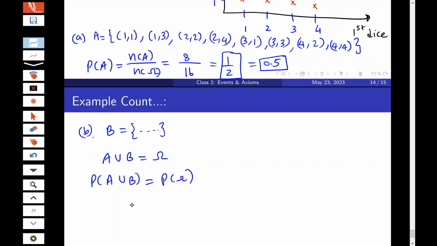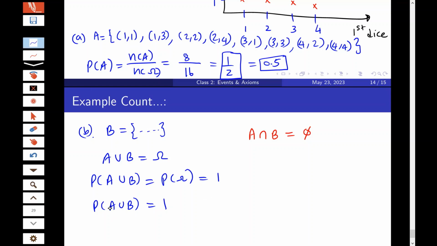And from axiom 1, we can say the probability of A union B equals 1. Now see this property of A and B: if you get the intersection of A and B, it will be a null set.